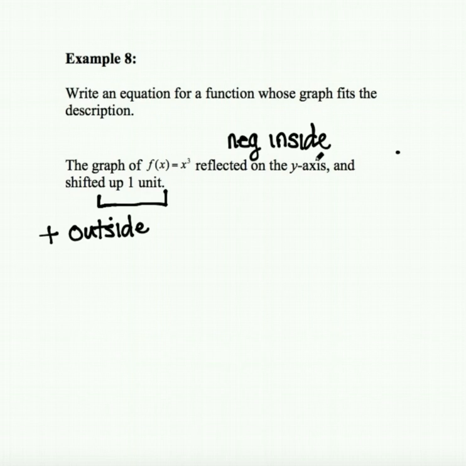So again, we need to piece those two transformations together with our parent function, which is f of x equals x cubed. So I'm going to call this function h of x. And again, it doesn't matter what you call it. I'm just going to use h of x this time. So I need a negative inside my parent function. That means inside this cube, the negative needs to be cubed.